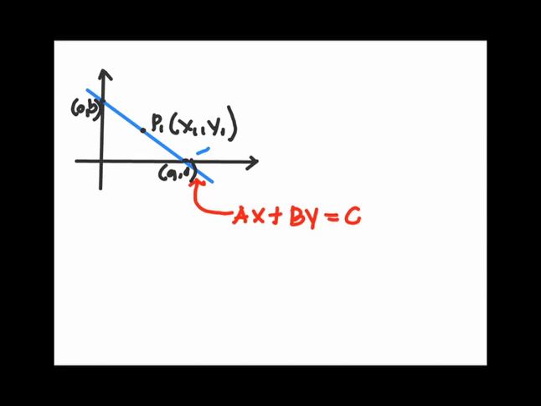That is, this distance measuring a units is the x-intercept. It measures the distance at which this line intersects with the x-axis. On the other hand, this distance measuring b is now the y-intercept.